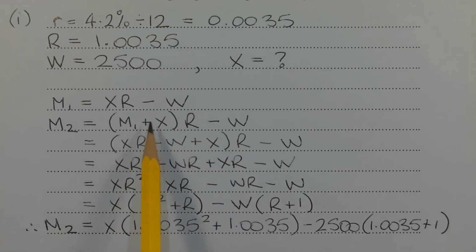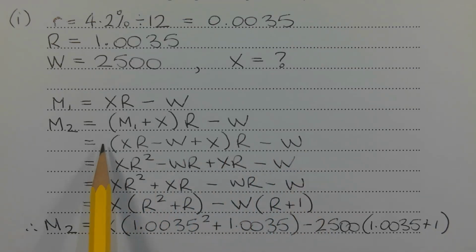So M1 plus X in brackets times R, and then the bank is going to withdraw another $2,500, so we're going to take away another W. But what is M1? M1 is XR minus W. So I'm going to replace M1 here with the expression that represents M1. So we get M2 is equal to (XR minus W plus X) in brackets times R minus W.